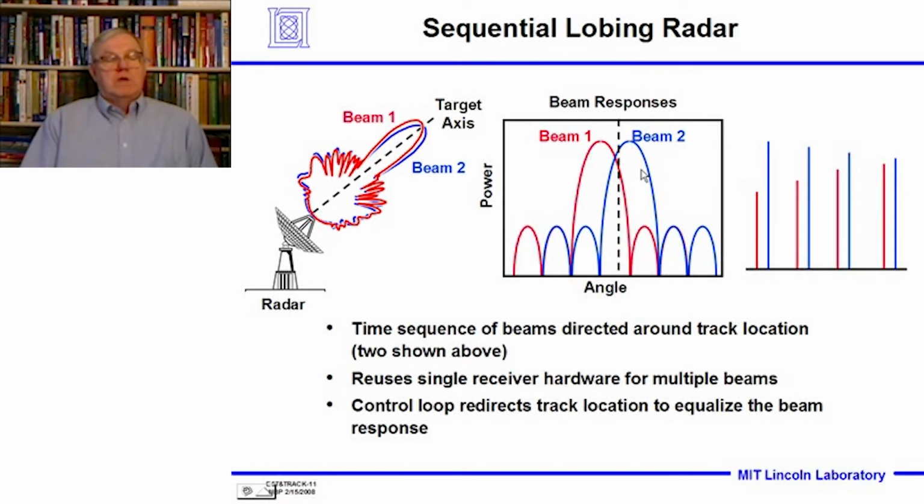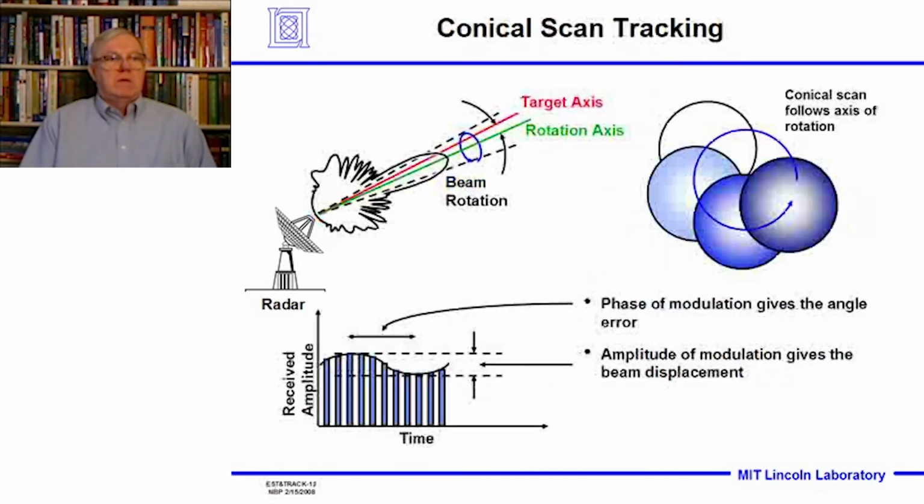You do this reiteration with a control loop that redirects the antenna location to equalize the beam response from the two separate beams. And that's how the sequential lobing technique is used to measure where the target is within a beam.